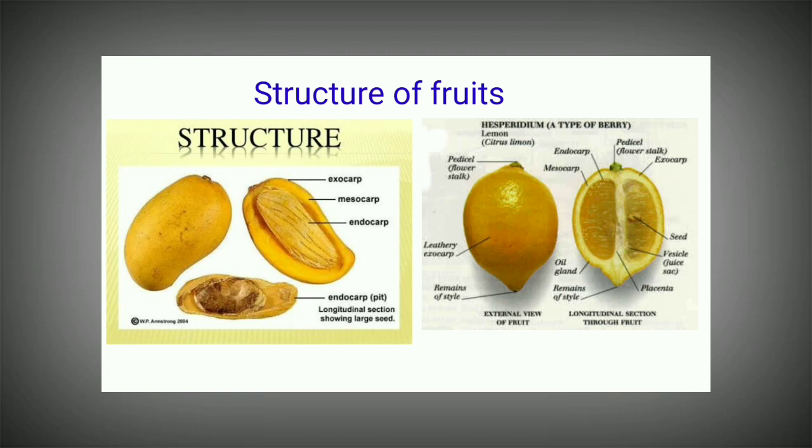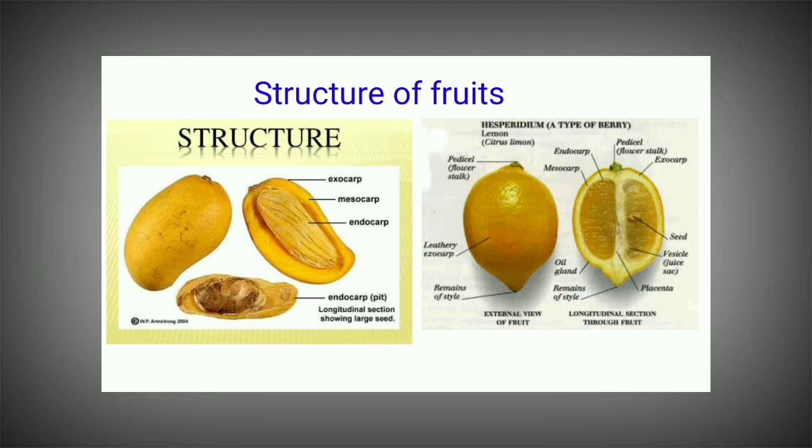So here, in these two fruits, we can see that the inner structures or the distribution of these layers is quite different along with their nature. For example, in the case of the mango, the epicarp is smooth, whereas the epicarp of lemon is leathery.